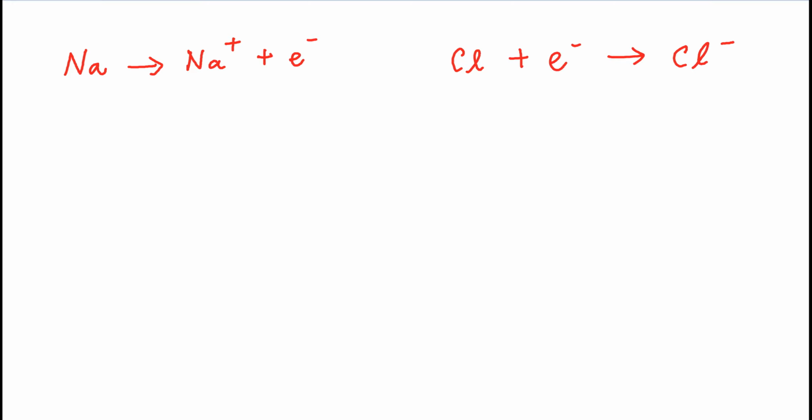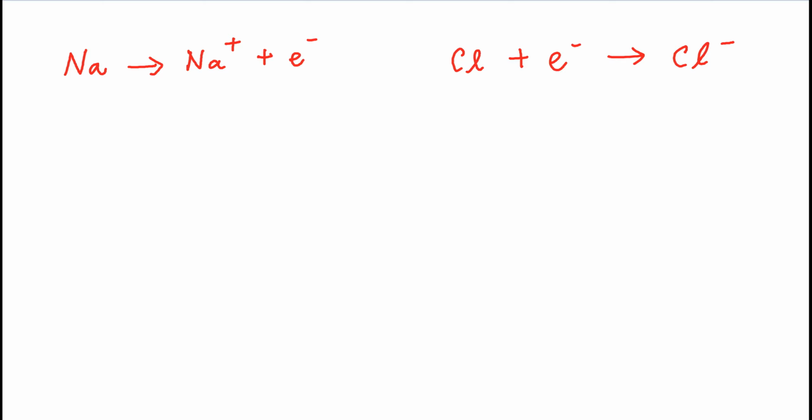As we learned earlier, the sodium atom will give up one electron to become a sodium ion, while the chlorine atom will receive that electron to become a chloride ion. We need to draw the outer shell electrons to depict the ion.